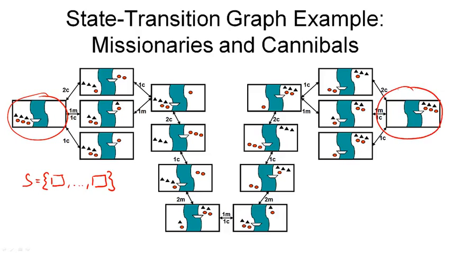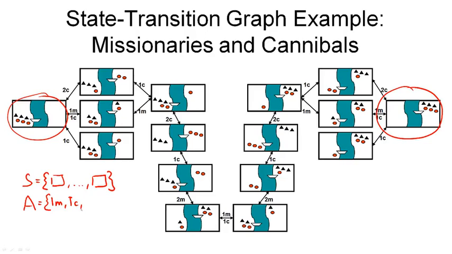The second component of a state transition system are the actions that are possible. In this case, there are 5 different actions, and I've denoted them here with the labels that occur on the different state transitions. So there's 2 types of actions, namely actions with 1 person in the boat and actions with 2 people in the boat. The actions with 1 person in the boat are the ones where we have 1 missionary or 1 cannibal in the boat.